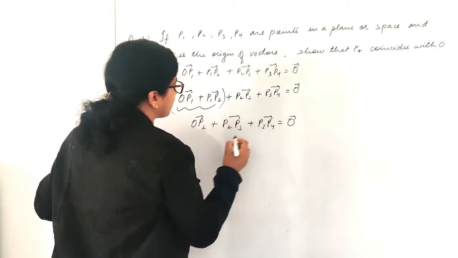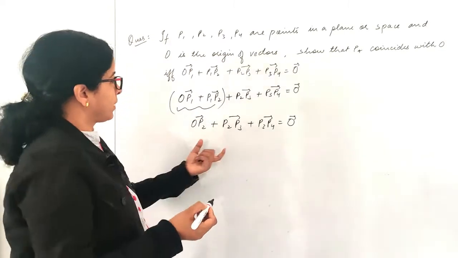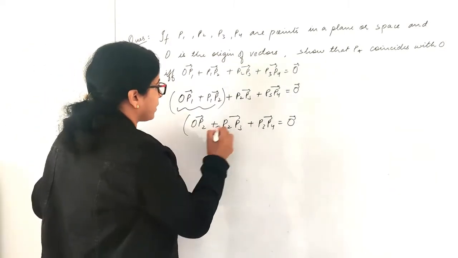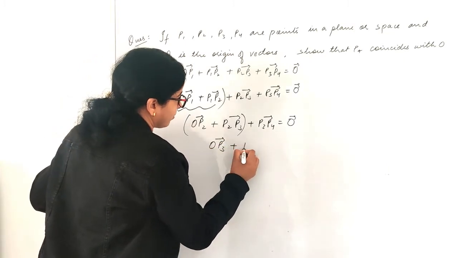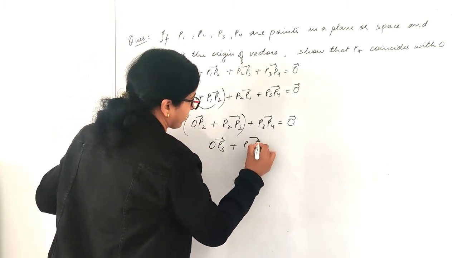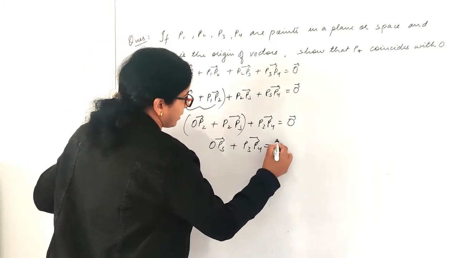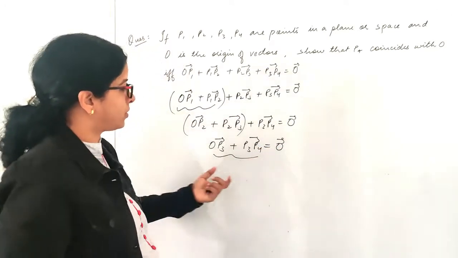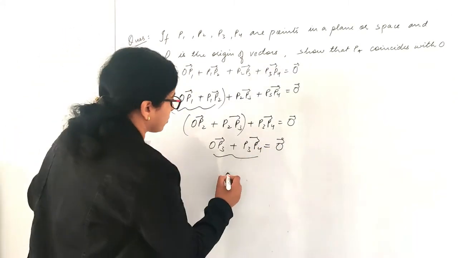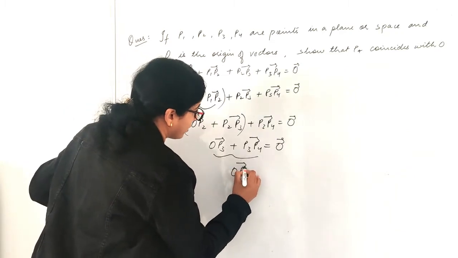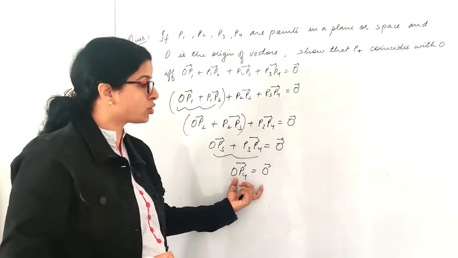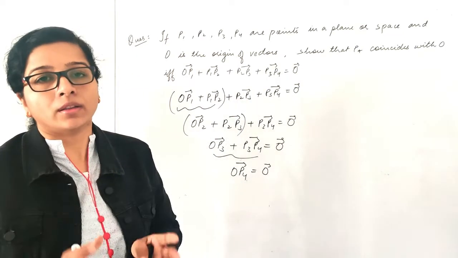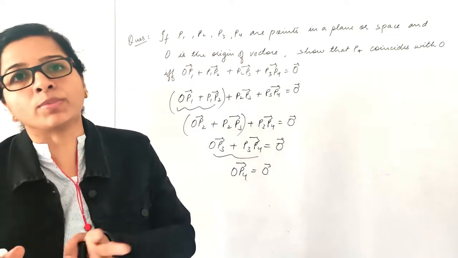Now I will be using again associativity law. Now what this will become? It will become OP3 vector plus P3P4 vector. Now again using triangle law of vector addition, so this will become OP4 vector, which is equal to null vector. So hence it is shown that the origin coincides with P4.